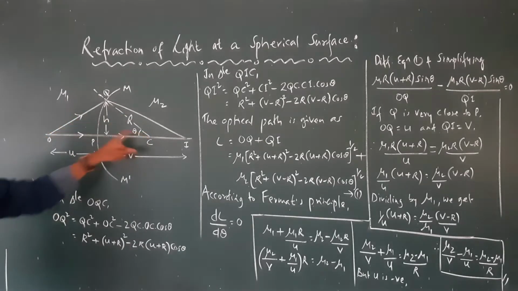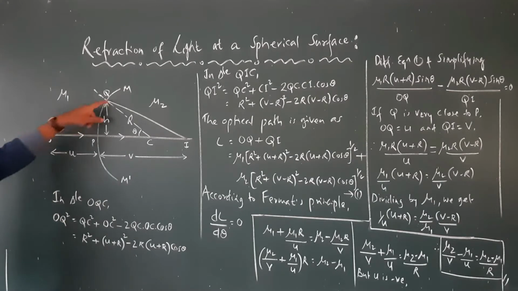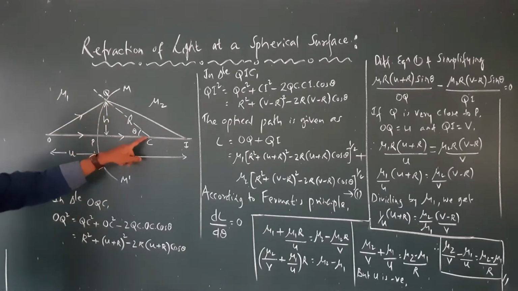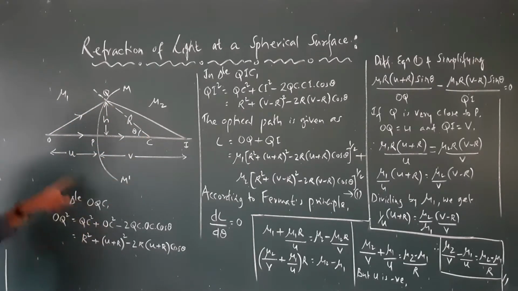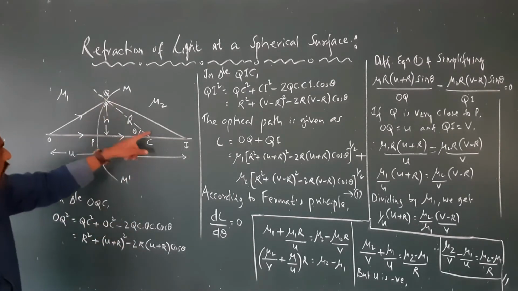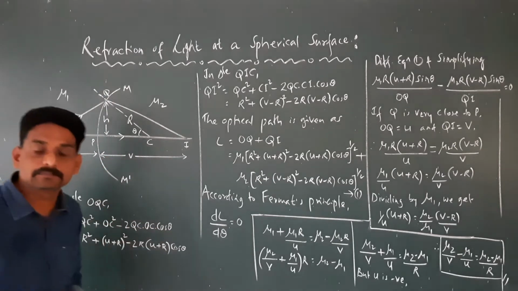In triangle OQC, we say that OQ square is equal to QC square plus OC square minus 2 QC into OC into cos theta.